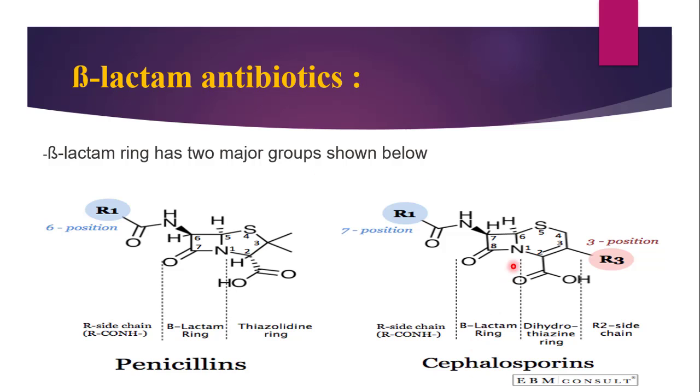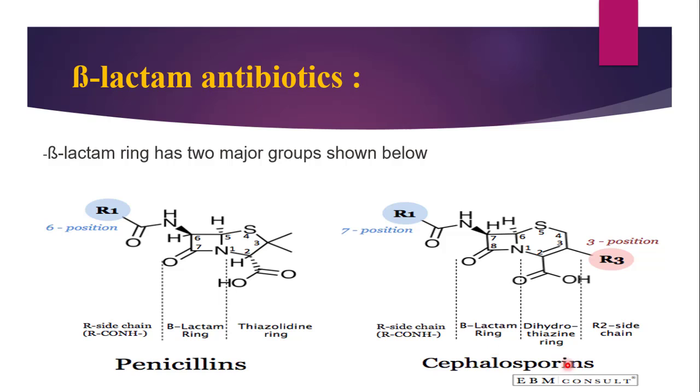In cephalosporin, the numbering again starts from nitrogen, but since it is a 6-membered ring, here it is 6 and then the 7th position comes to the beta-lactam ring. So this 6th position contains RCONH. R can be varied, CONH is constant, here also CONH is constant, and R can be varied in the case of cephalosporins. And this free carboxyl group is the basic structure.